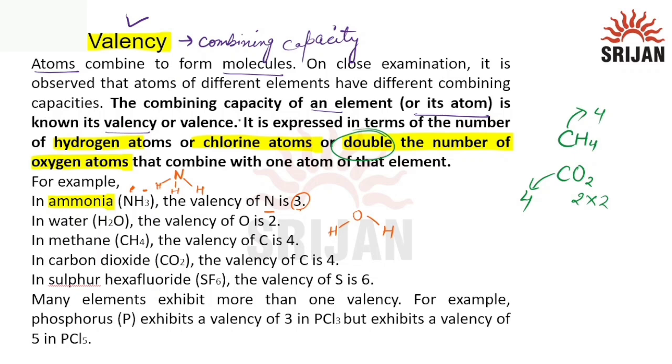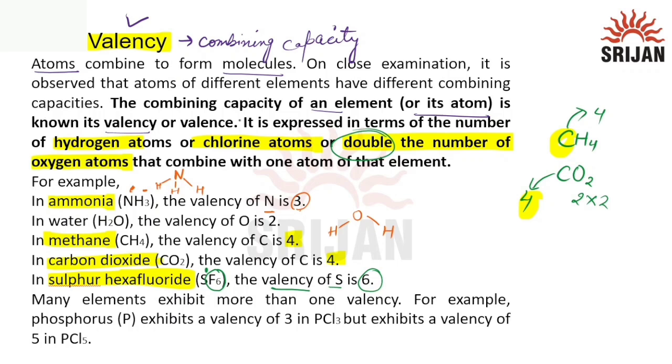In methane, we have discussed that the valency of carbon is 4. In carbon dioxide, the valency of carbon is again 4. In sulfur hexafluoride, SF6, one sulfur is bonded with 6 fluorine atoms. Therefore, the valency of sulfur is 6.